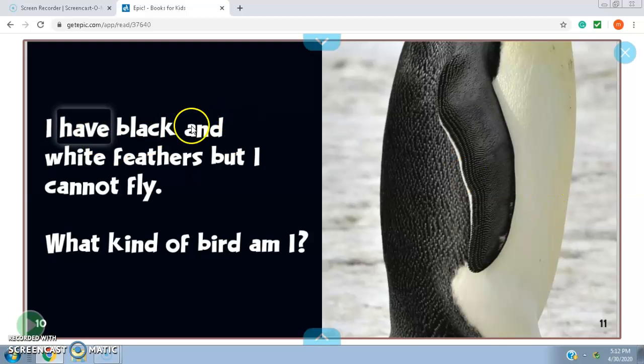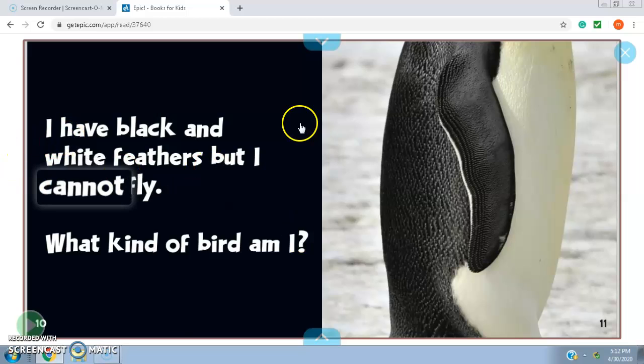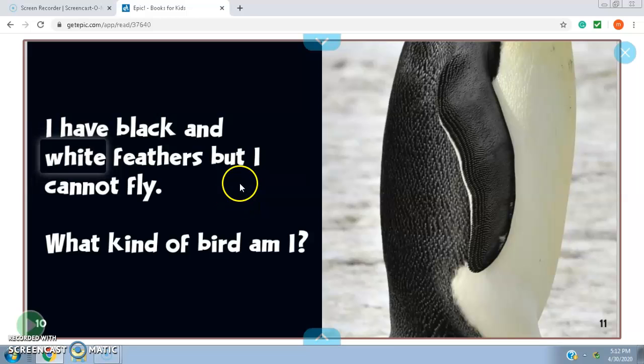I have black eyes and white feathers, but I cannot fly. What kind of bird am I? What do you think? Give you 10 seconds. Start now. 4, 5, 6, 7, 8, 9, 10. Okay. I think it's a penguin.